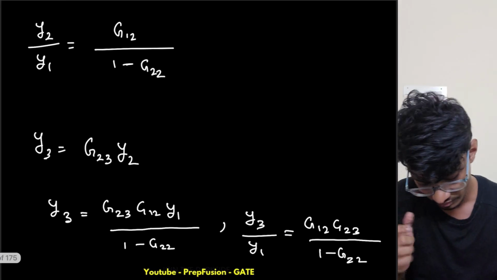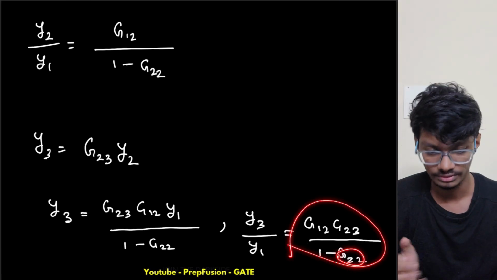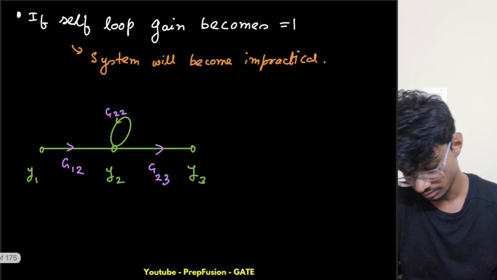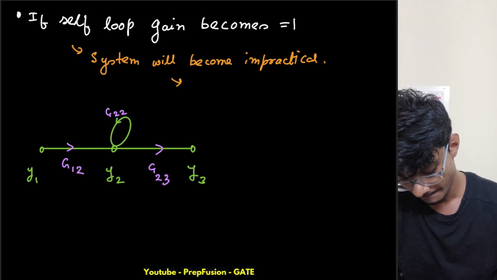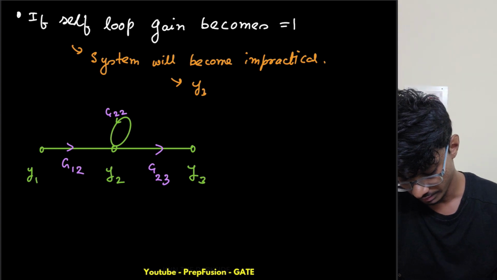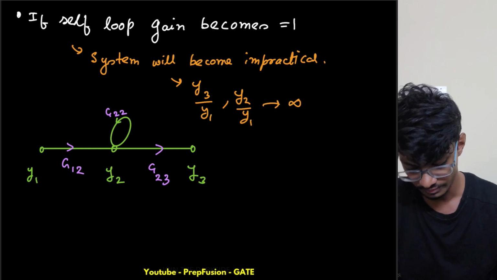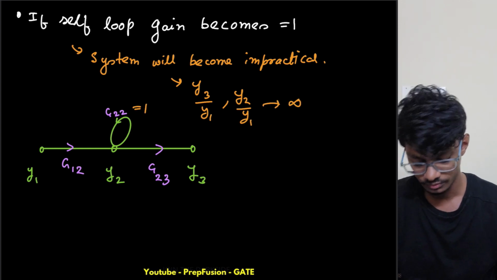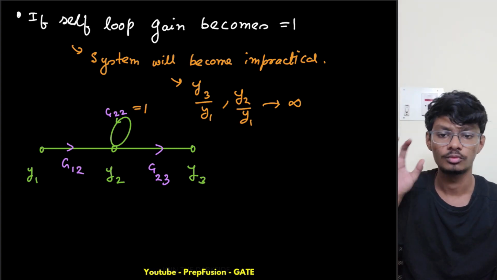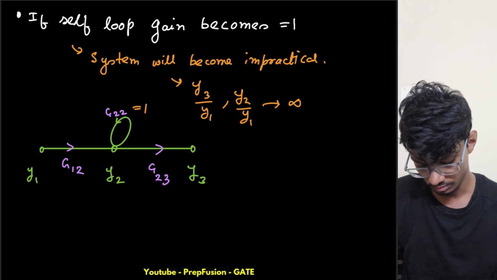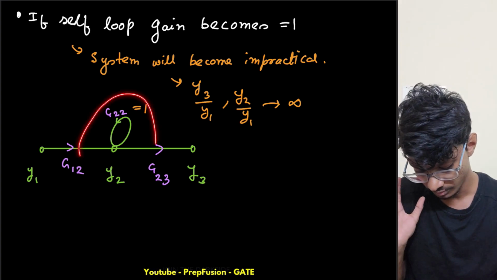Because as you can see, if I put g22 as 1 over here, the transfer function becomes infinity, which is not possible, because y3 upon y1 or y2 upon y1 tends to infinity. So if g22 equals 1, what we have to do is remove that self loop, then solve.